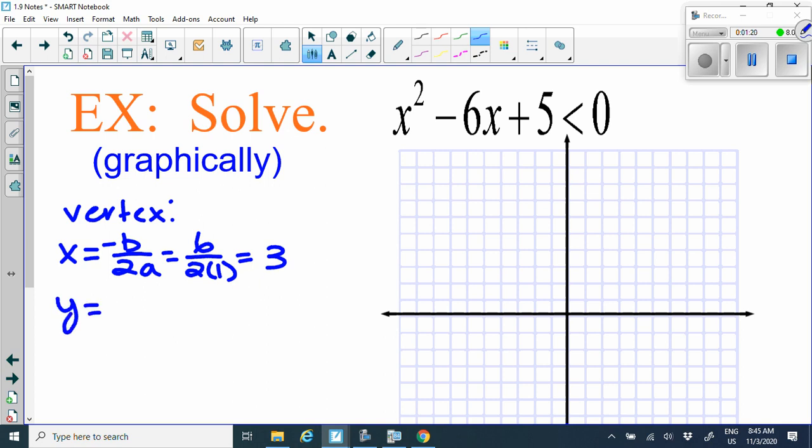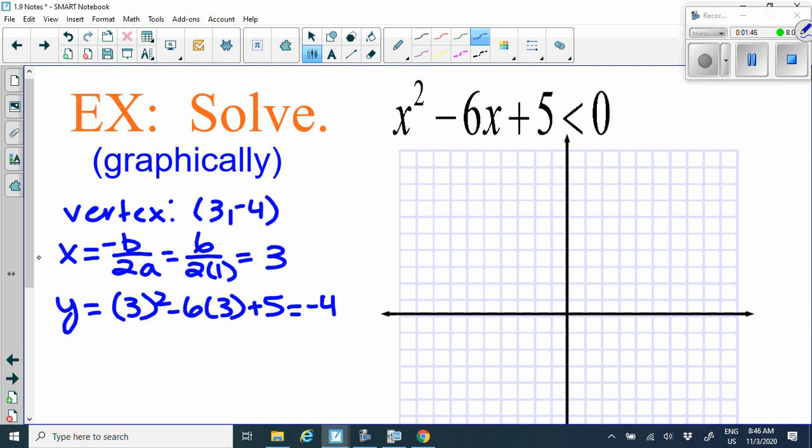Then for our y value, we do 3 squared minus 6 times 3 plus 5. Plug that into your calculator, and I think we should get 5 there. Let's see, we get 9. Sorry, we should get negative 4. I was calculating that incorrectly in my head. So our vertex is going to be 3, negative 4.